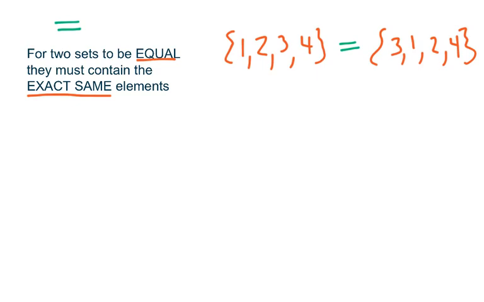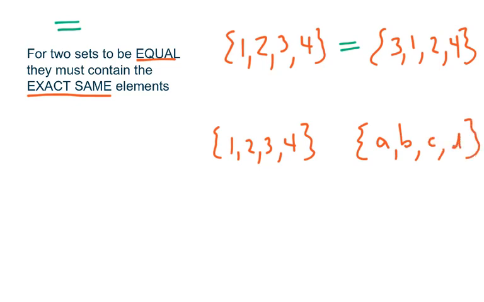Now, how about set 1, 2, 3, 4, and set A, B, C, D? Those two sets do not contain the exact same elements, so they are not equal, but they sure do have something in common.